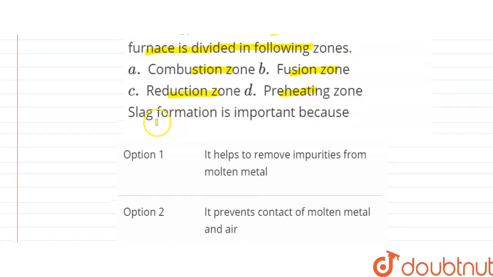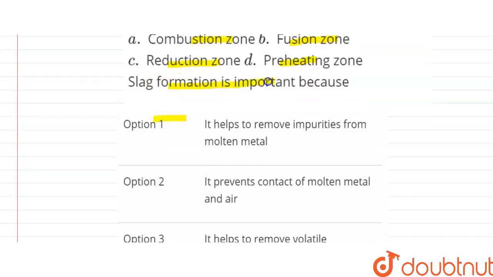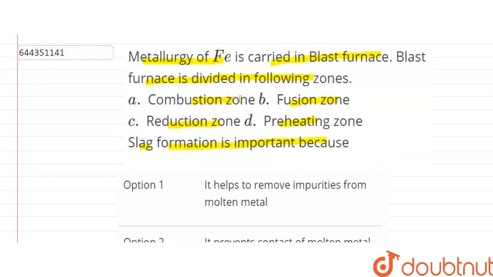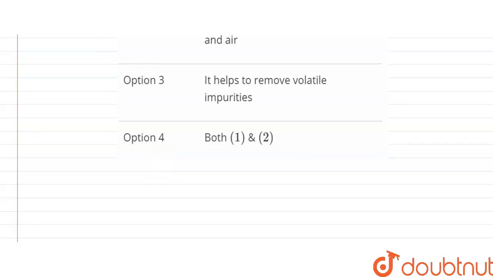Now the main question is asking that slag formation is important because, so we have to tell why the slag formation is important. So first of all, let us understand how slag is formed in the metallurgy of iron and what are its importance. So let me write slag formation in metallurgy of iron.